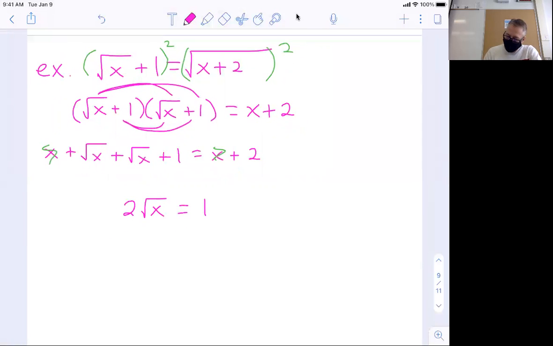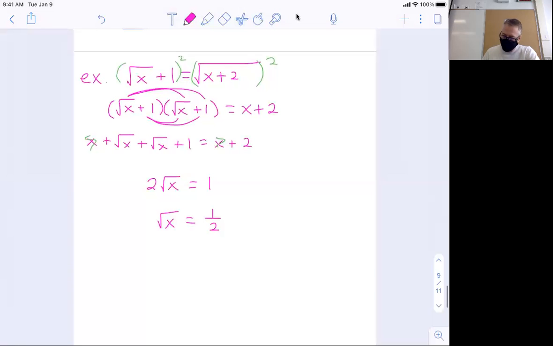All right, now I'm trying to get the radical by itself, so I will divide both sides by 2. And then finally, I'm going to square both sides. So the left side squared, of course, is x, and 1/2 times 1/2 is 1/4.